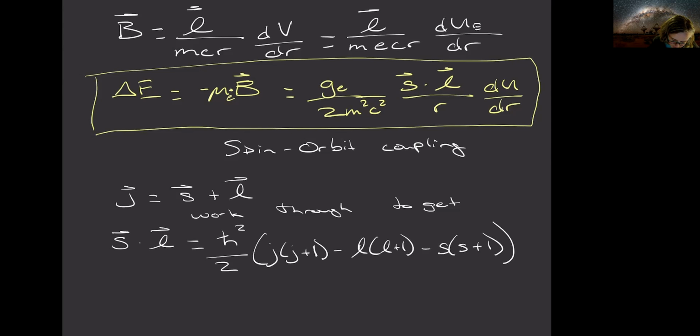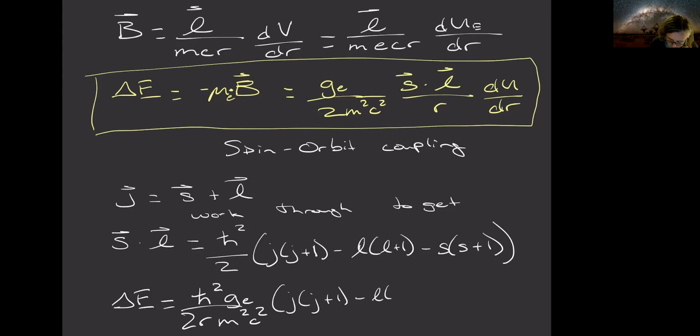We sub all of that in to find that the change in the energy state, so the separation of energy levels and the fixing of our degeneracy, is given by h bar squared g_e over 2r m squared c squared times this big product of J's and L's, and there's a dU/dr.